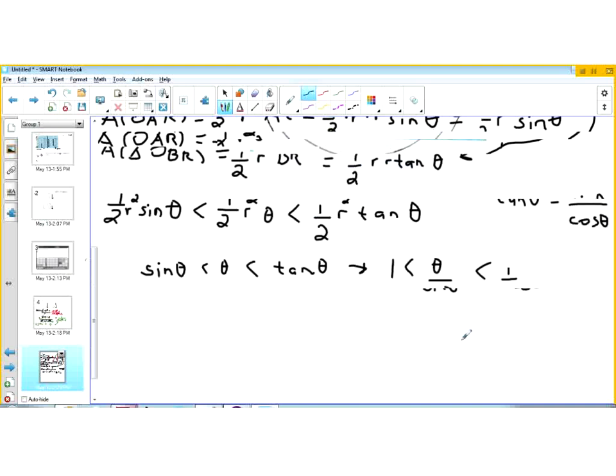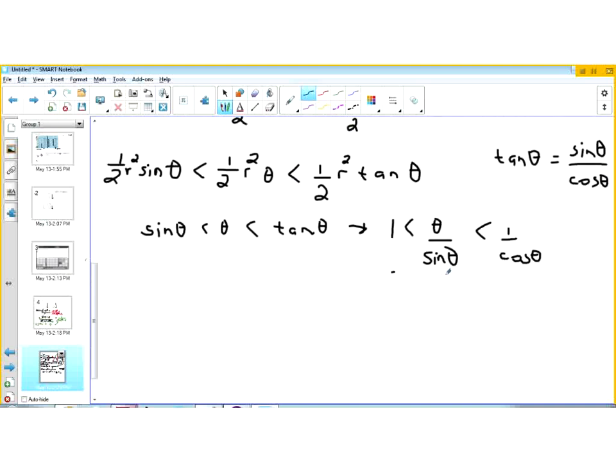All right, the next thing I'm going to do is take the reciprocals of each term in the inequality. Because of the ordering of this inequality, the terms grow larger as we move to the right. If I take the reciprocals of each of the terms, I'll have to flip the direction of the inequality.